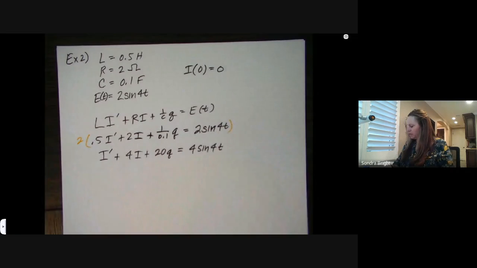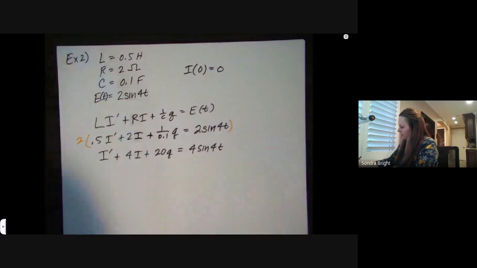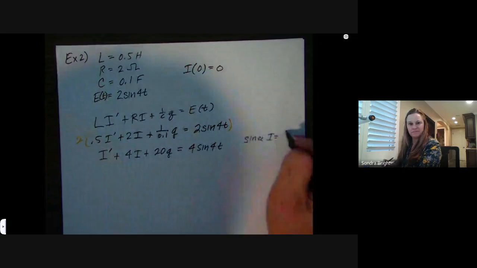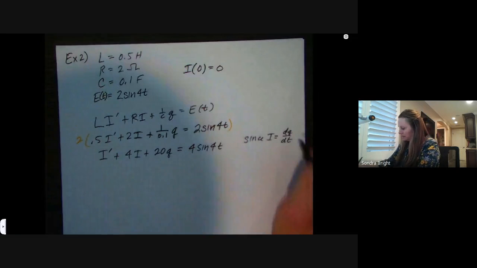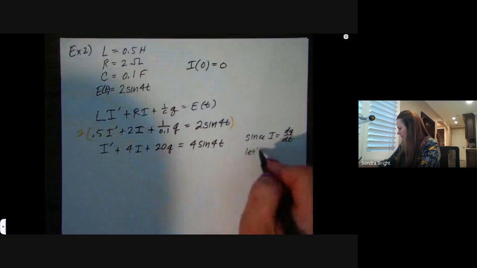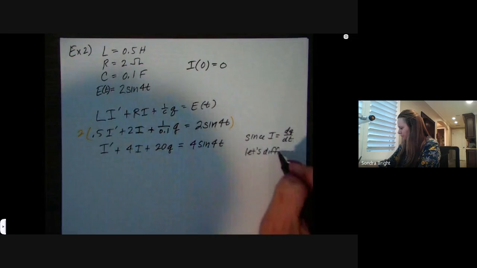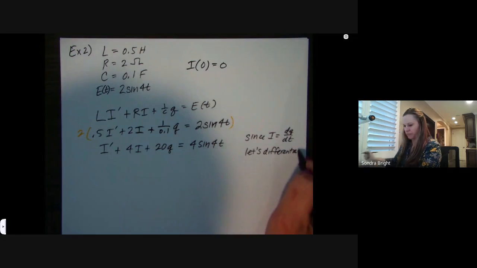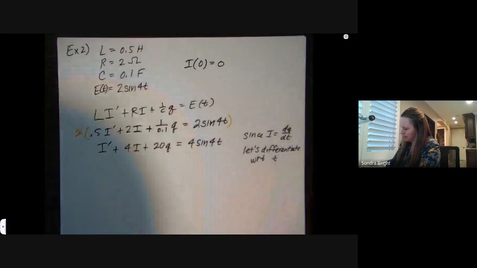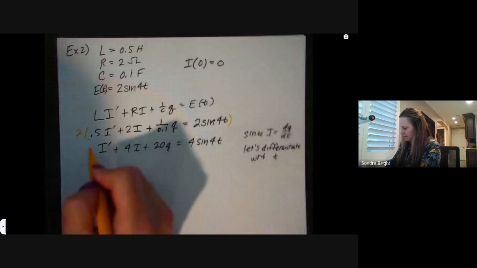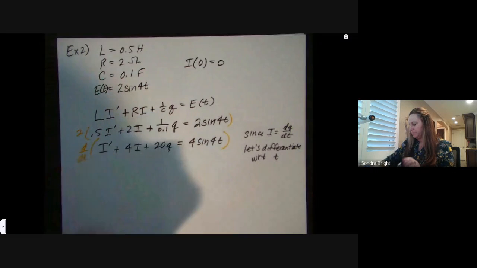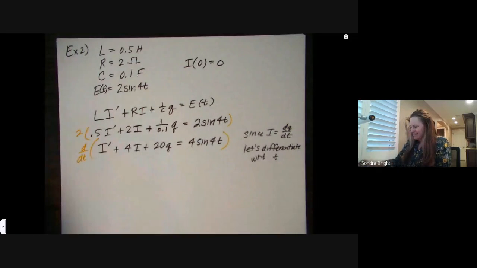All right, now remember that I is dq dt. And so let's differentiate with respect to t. I'm going to take this and do d dt. Because right now I've got I's and I've got Q's, but I is dq dt.